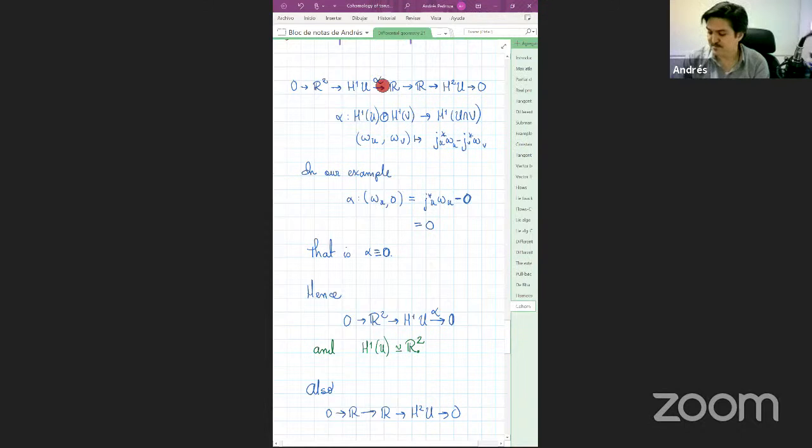So this map, I can write it 0 goes to R. And that's an exact sequence. And I'm only missing one vector space in that exact sequence.